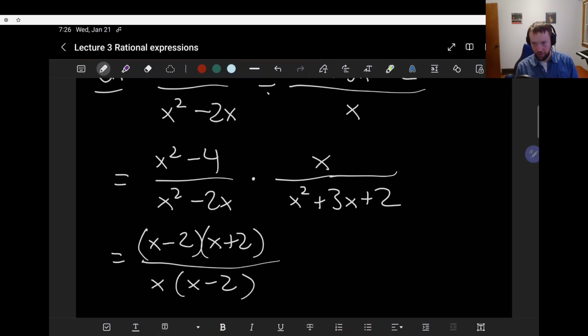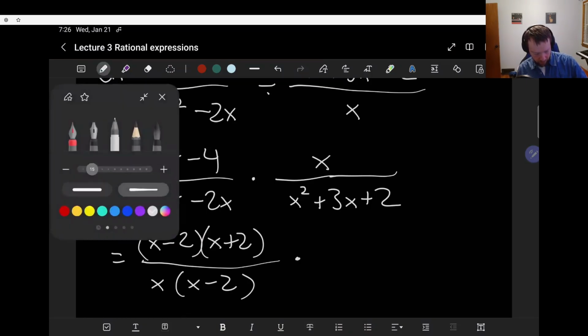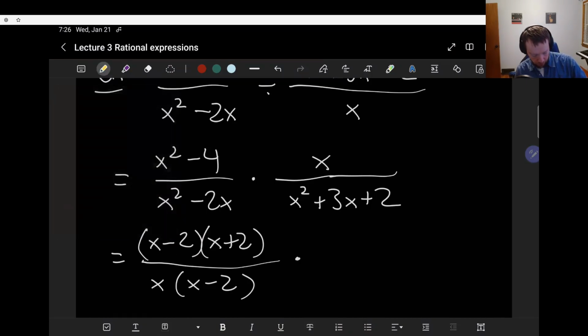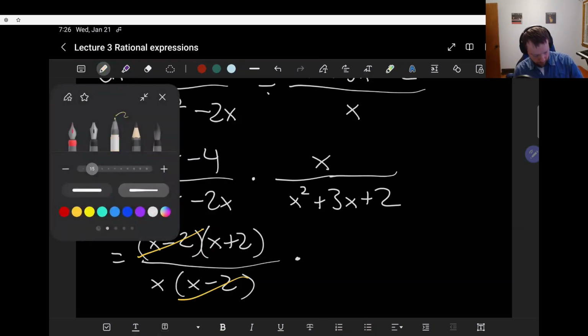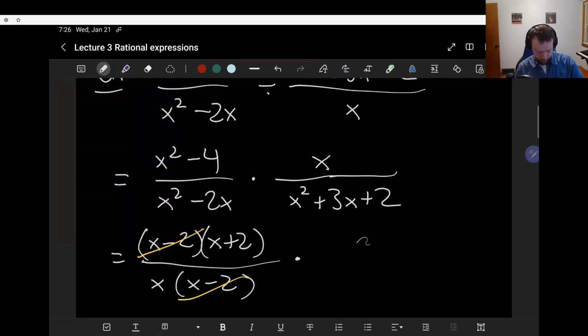So if I just factor out an x, then I have x minus 2 left on the other side. So right off the bat, and I think I want to use some colors, there's some reducing that we can do.